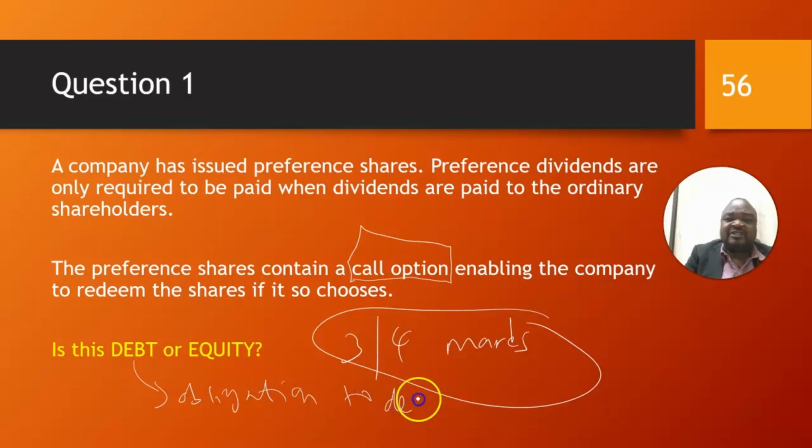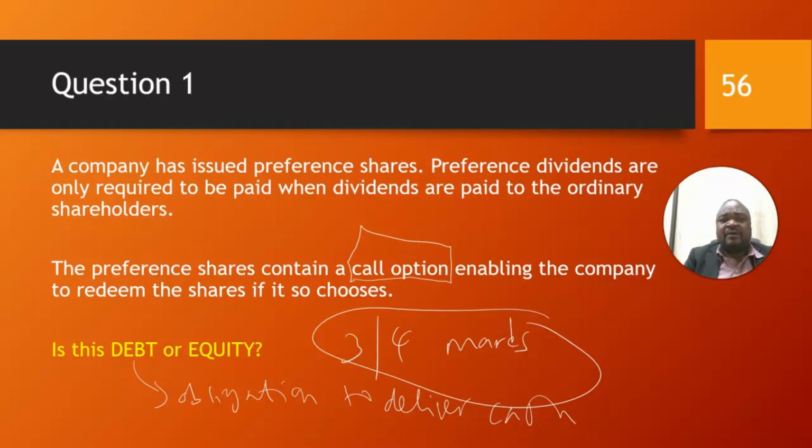You need not be so sophisticated as to come up with the definitions word for word as they are from the standard. You just have to be reasonable. Yes, if you manage to come up with what is written in the standard, that's good for you. So, an obligation to deliver cash or some other financial asset. Now, equity is the residual interest in an entity's assets and so forth. That type of definition will help you to create a good case.